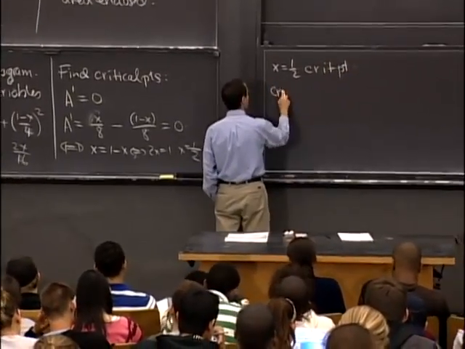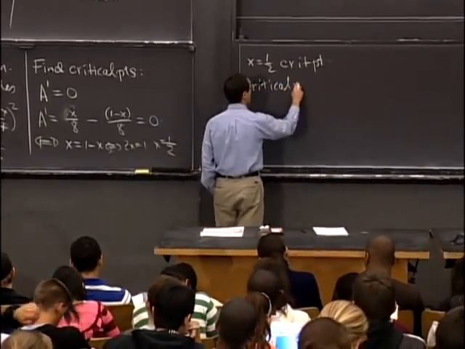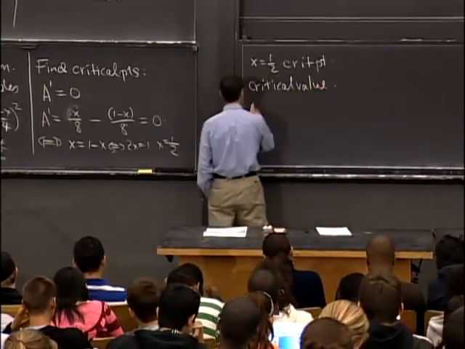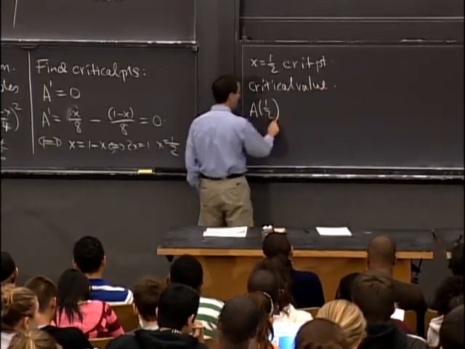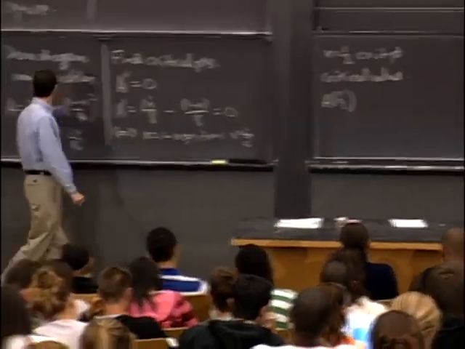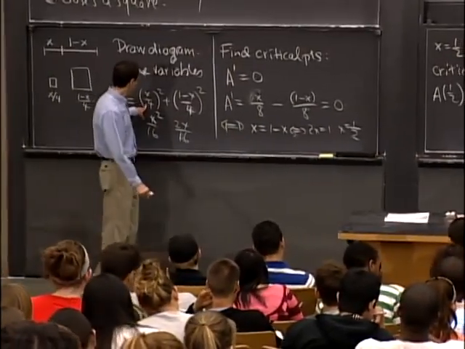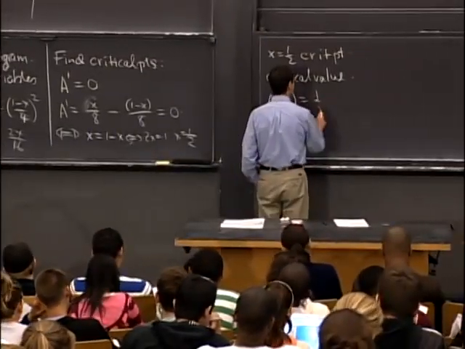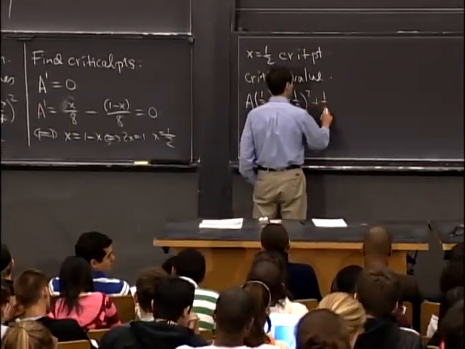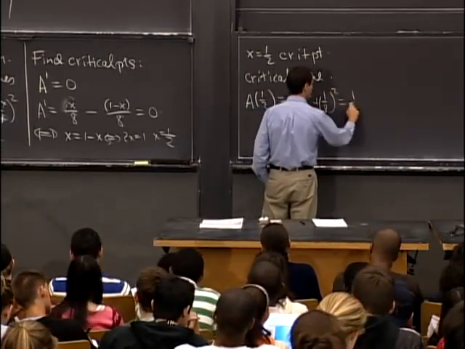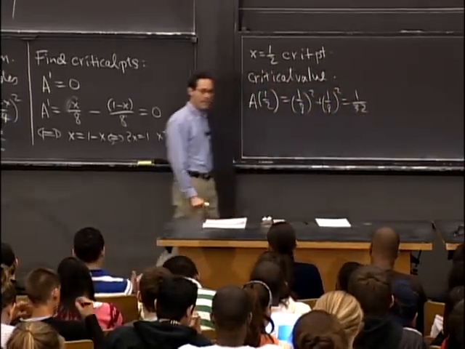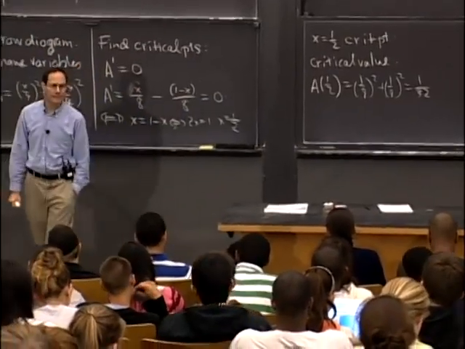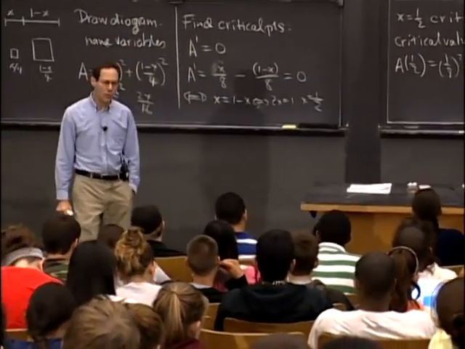And the critical value, which is what you get when you evaluate A at 1/2, is a half divided by 4. That's an eighth. So that's an eighth squared plus an eighth squared, which is 1 over 32. So far, so good.